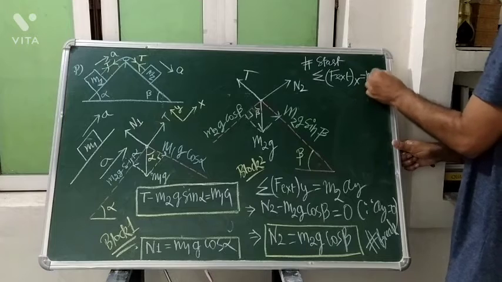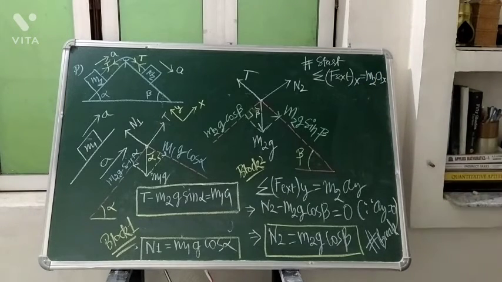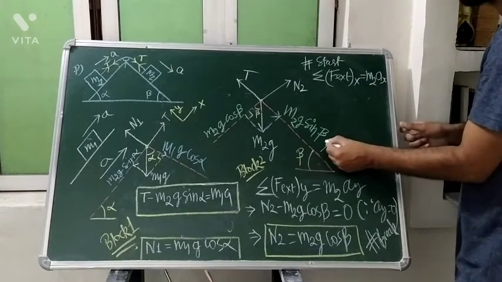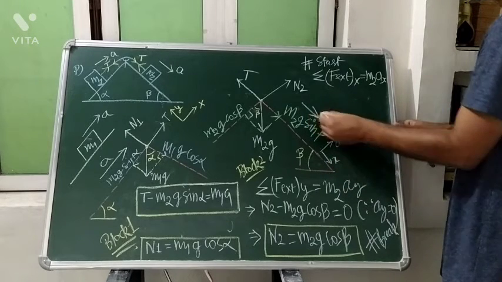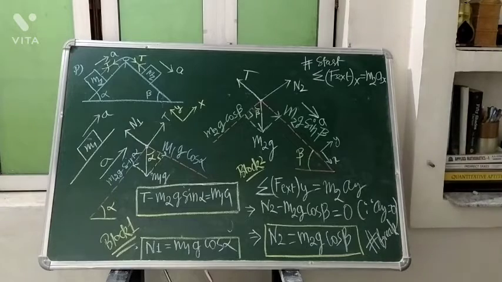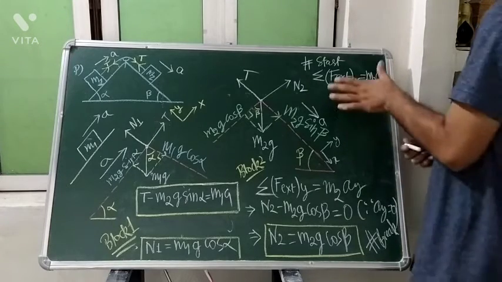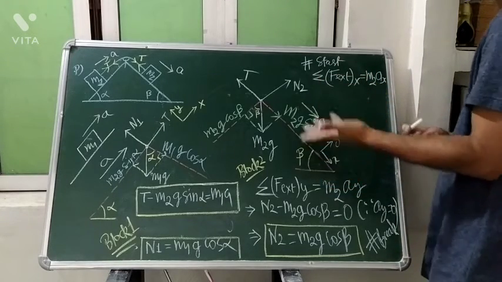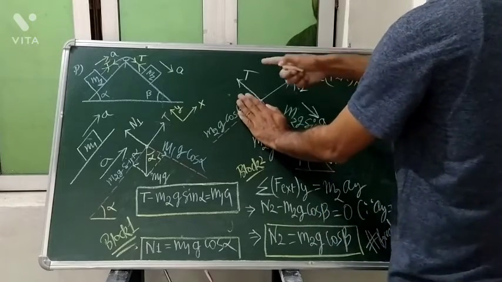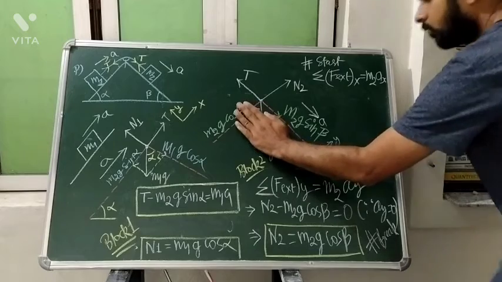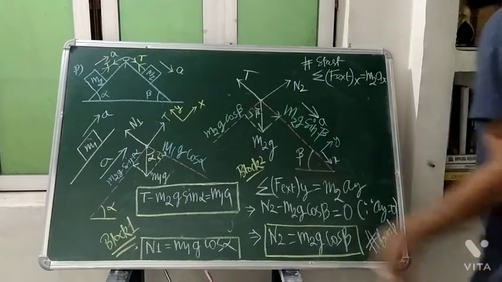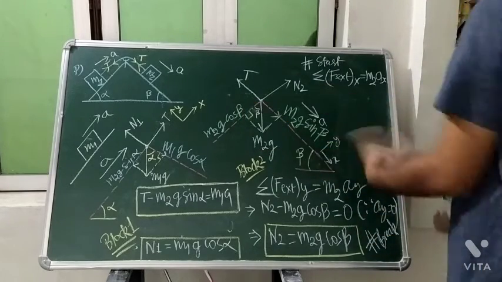Mass times the acceleration in x direction. It is our y direction, it is our x direction, it is accelerating with a. So the external forces acting in the x direction are these only, T and m2g sin beta. Isn't it? This one is active. So you are saying this one is our positive.